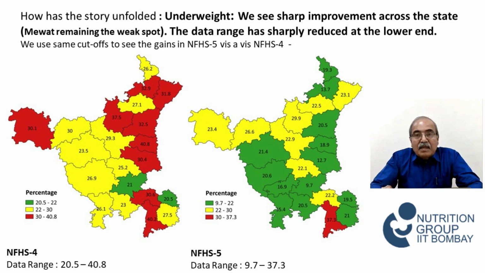And what is interesting is that this data range of underweight children under 5 has shrunk quite considerably from 20.5% children being underweight, which was the lower bound in the NFHS 4 round. That has come down to 9.7. Now that's quite significant. The upper bound has come down rather slowly from 40.8 to 37.3. But that is because of the high burden in one district or so.